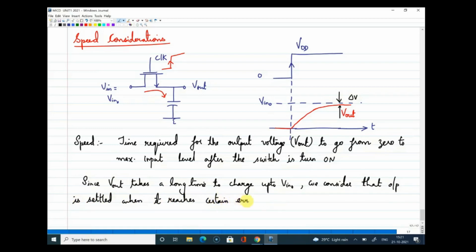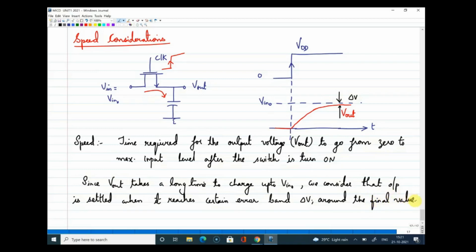Now that error band, depending on the precision requirement, we can decide. Anyway, we'll see. And that error band, in this case, we mark as delta V. And this error band should be around the final value. It should not be a large error voltage. This should be in and around the final value.